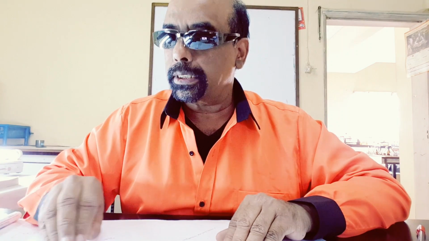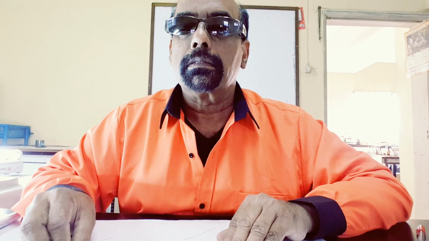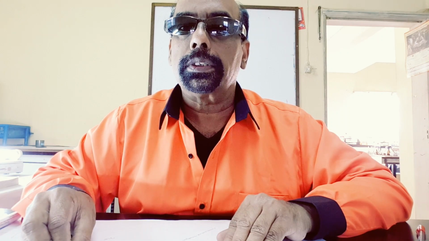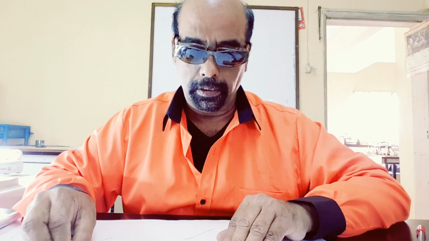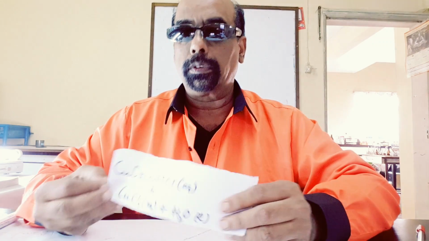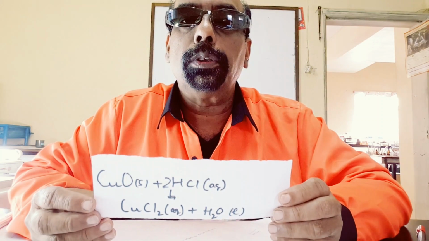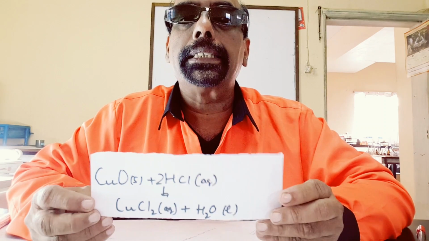Acids react with metal oxides. Metal oxides are copper 2 oxide, iron 2 oxide, magnesium oxide. Acids react with metal oxides to form water and a salt. This is the equation between copper oxide, which is black in color, and hydrochloric acid.